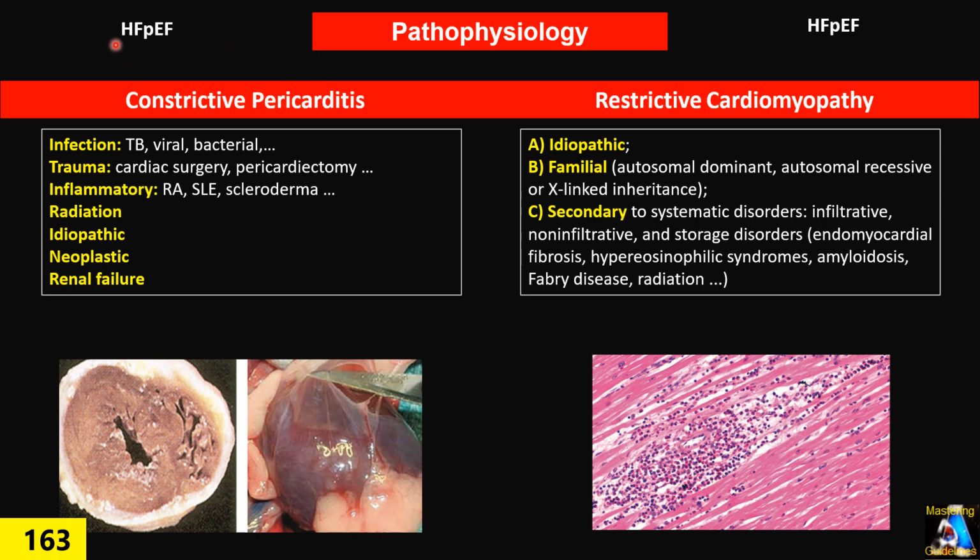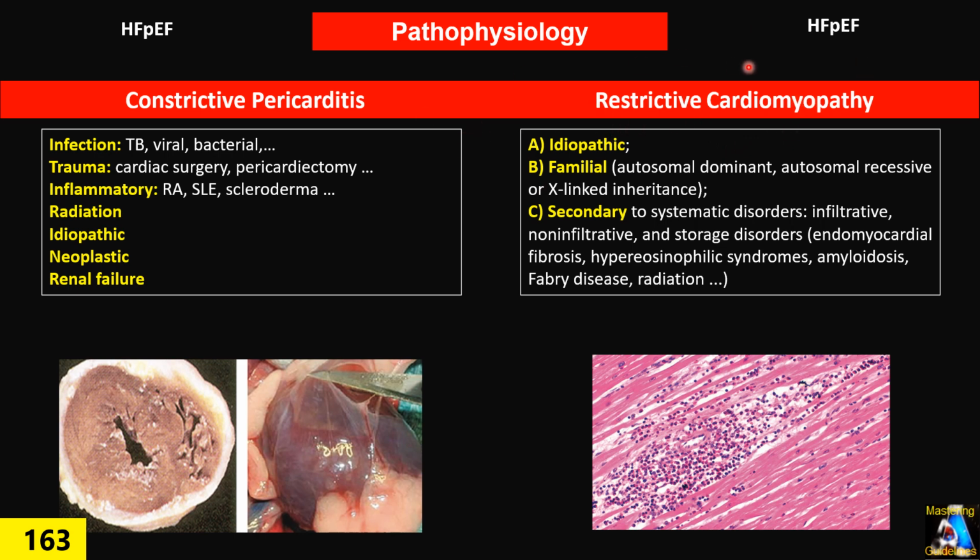Among those diastolic dysfunction heart failure cases, about 10 to 15%, sometimes 20% in some literature, are due to these two conditions, constrictive pericarditis or restrictive cardiomyopathy.